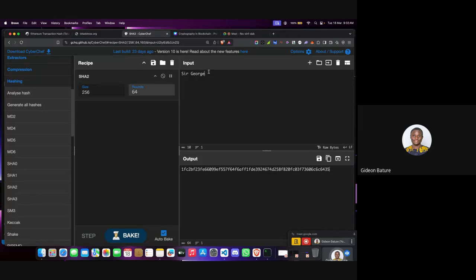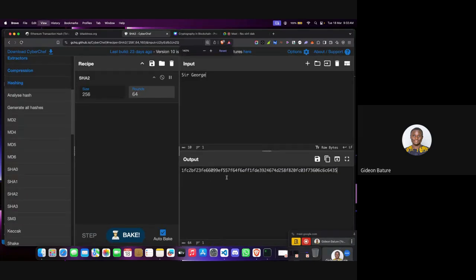All right. Now, this Sir George, imagine that we just come. Remember what we talked about hashing, that a very little change will cause a tremendous change in the output. So let's just assume that we add a full stop after Sir George. Now, observe what you are seeing here as the output. All right.